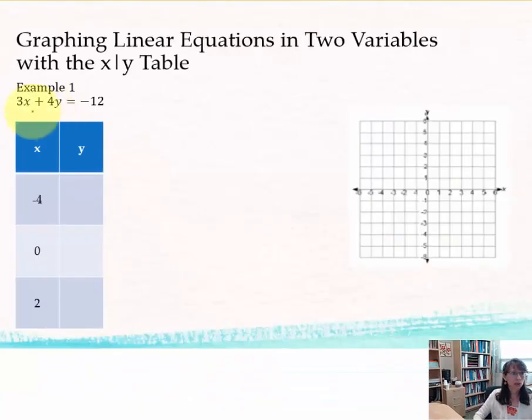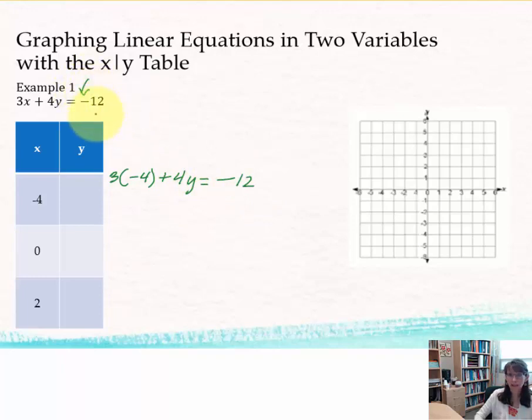So with our first example, we have 3x plus 4y equals negative 12, and we're given some x values already. So all we have to do is substitute the given x value into the linear equation. So the first one would be 3 times negative 4 plus 4y equals negative 12. So be careful there.